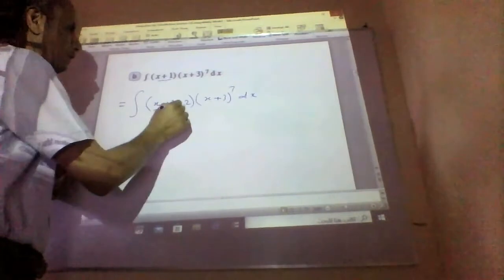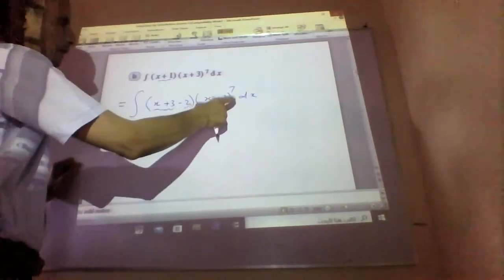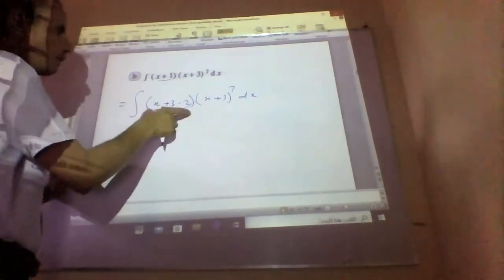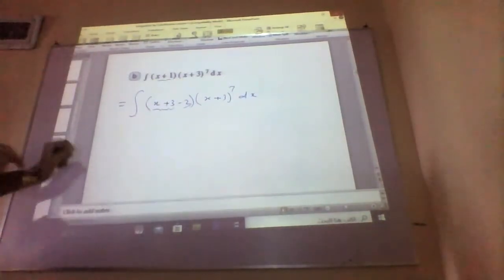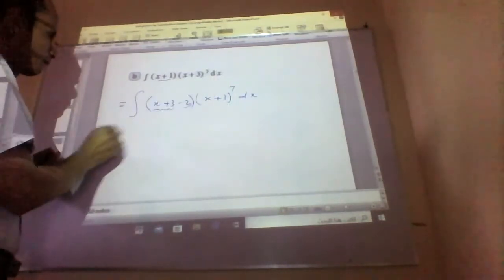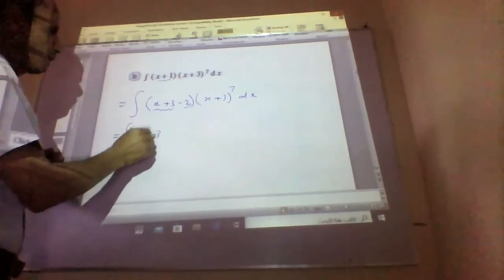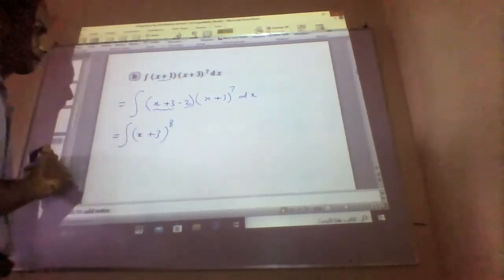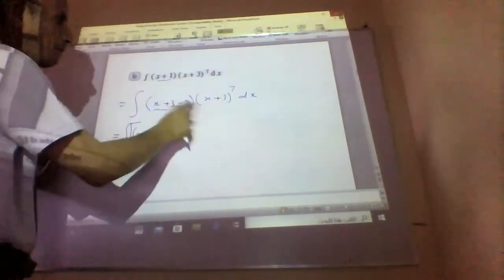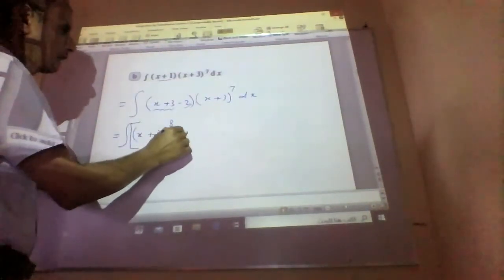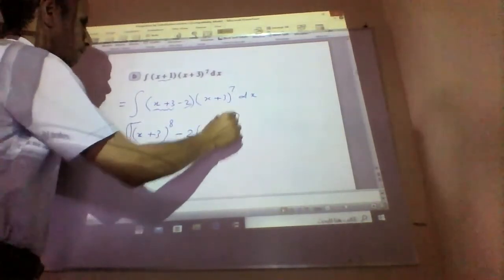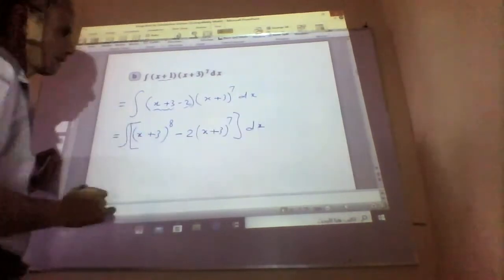Now, distributing this factor on this bracket: (x plus 3) power 7 multiplied by (x plus 3) will be (x plus 3) power 8, and (x plus 3) power 7 multiplied by negative 2 will be negative 2 (x plus 3) power 7, all with respect to x.